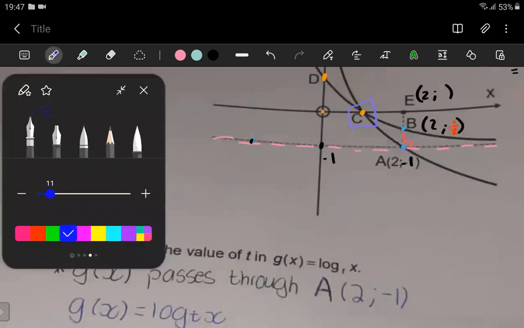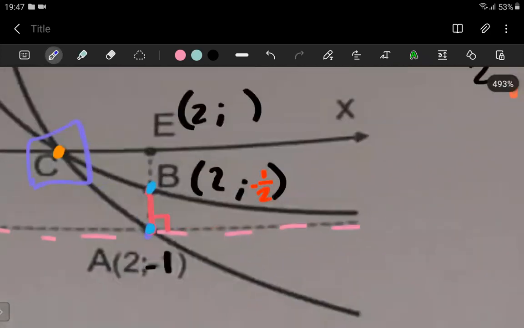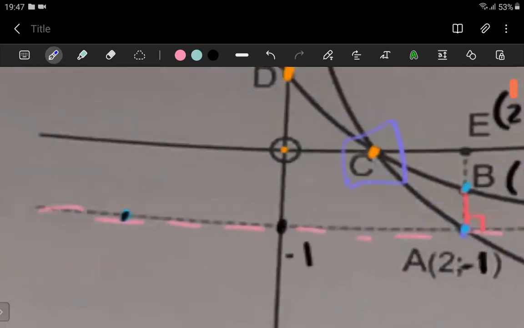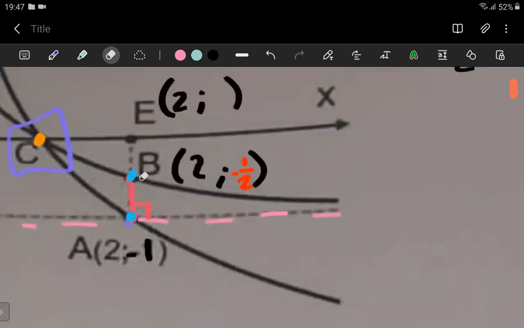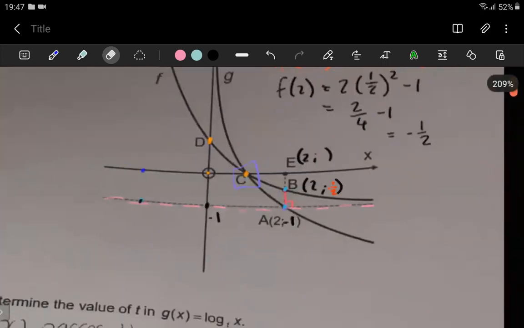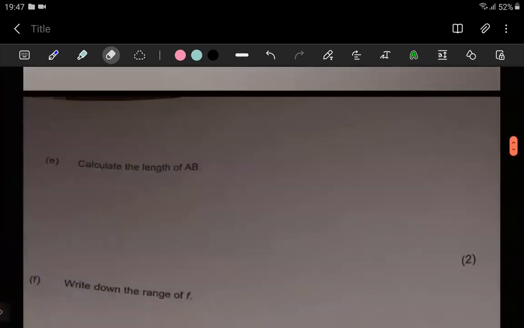Yes, you did, because you're taking the higher y value minus the lower y value. It's just like here. If you had a y value of 0 and a y value of -1, 0 minus -1 is 1. So what you did is 100% correct. Negative a half up there minus a -1 there, your distance is going to be +1.